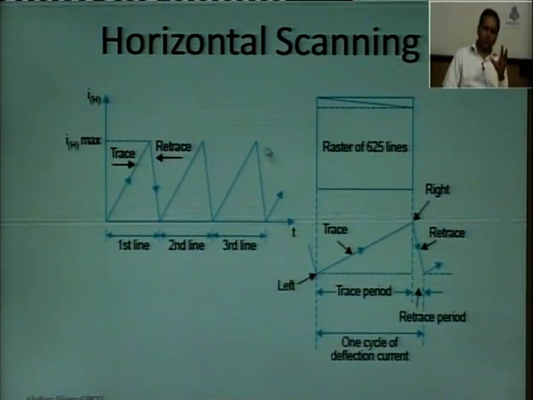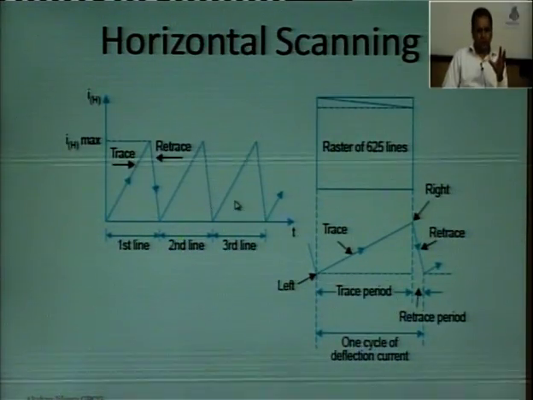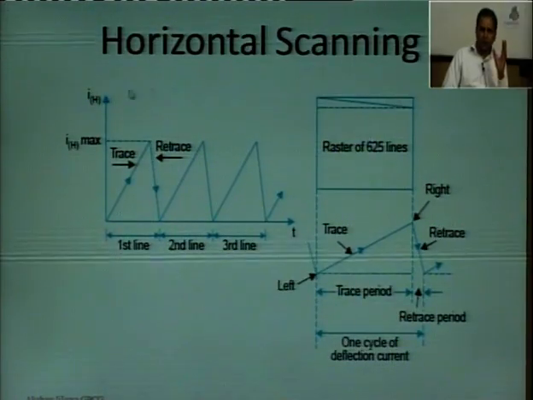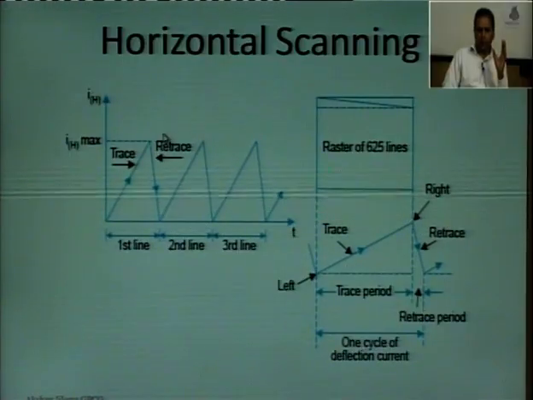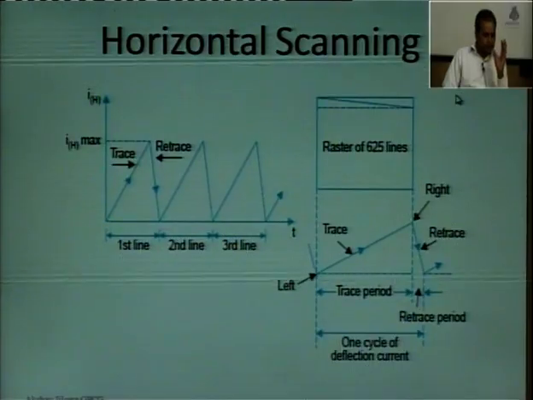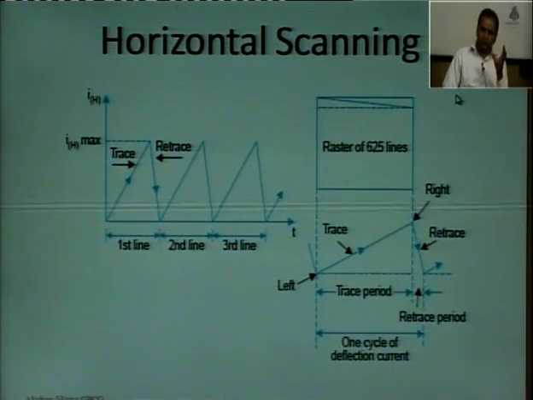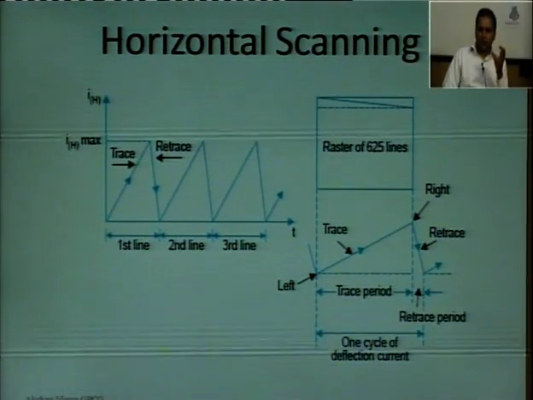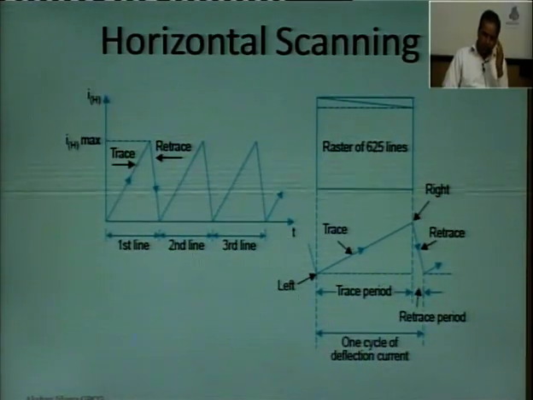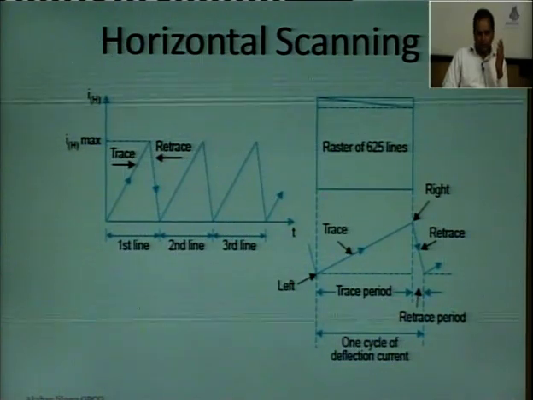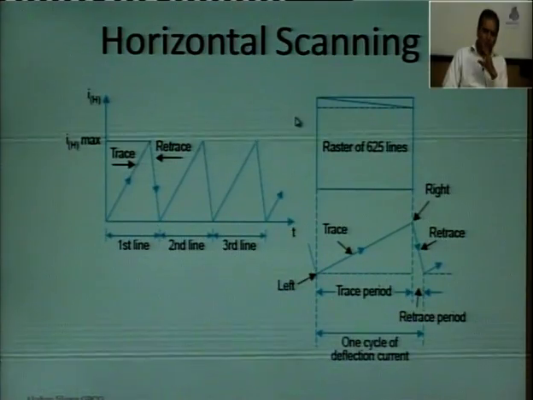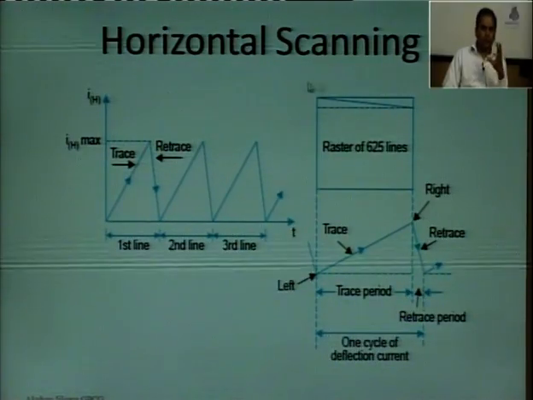This process is similar to reading a book. We read a book from left to right. When we read from left to right, we read all the words written in the book, and that is tracing. The image of those words is created in the mind. When we finish a line and move from right to left, we do not read any word, so no information is picked up.